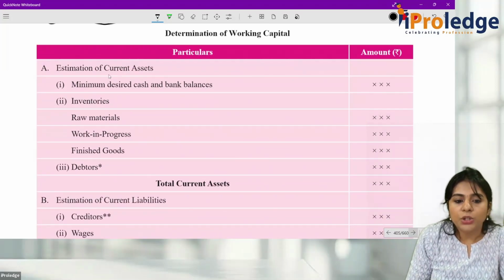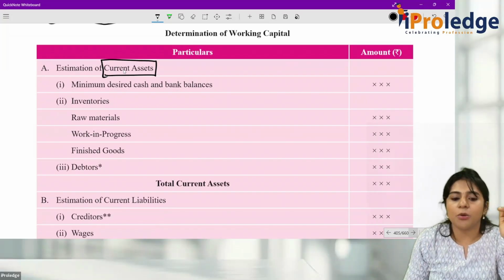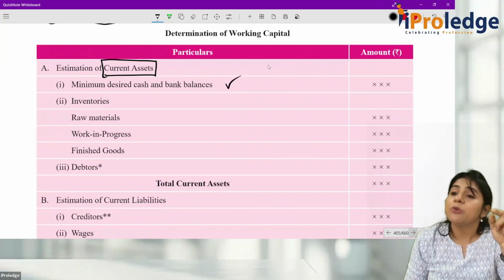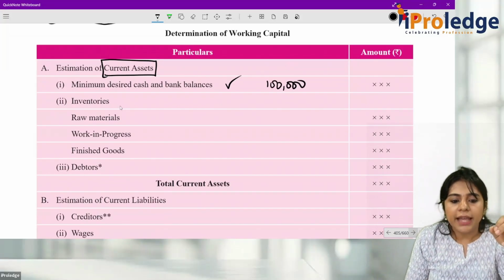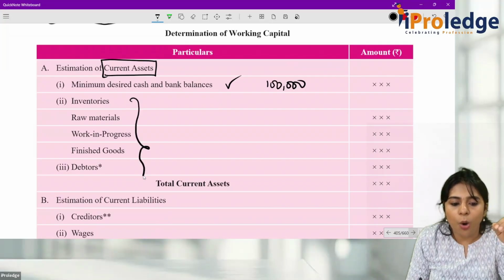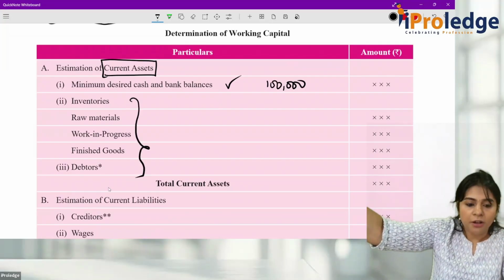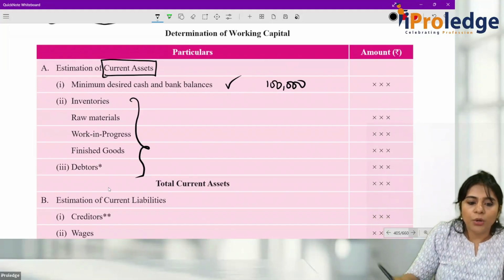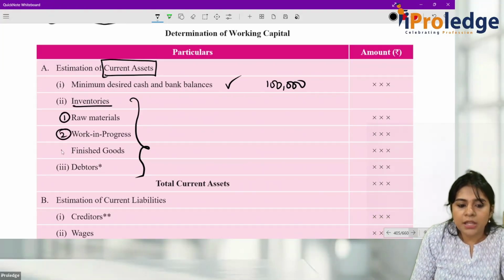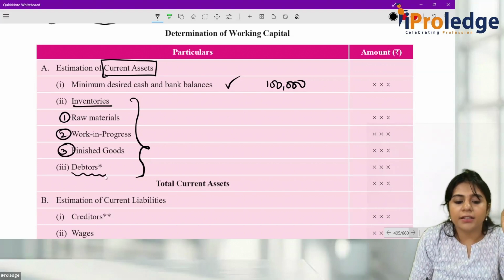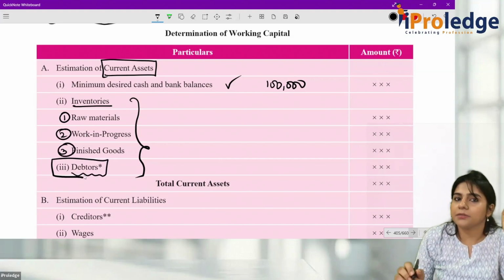What is the format? You need to estimate current assets. Under current assets, first requirement is cash and cash balances, which the problem will tell. Problem will say, I want to maintain 1 lakh cash. So you will add to it. Then you need to compute for all four of these: under inventory, raw material, work in progress, finished goods, and then under debtors, the debtor part.